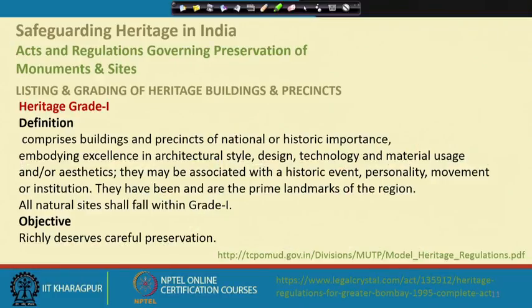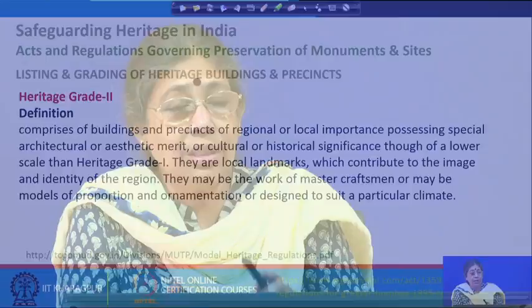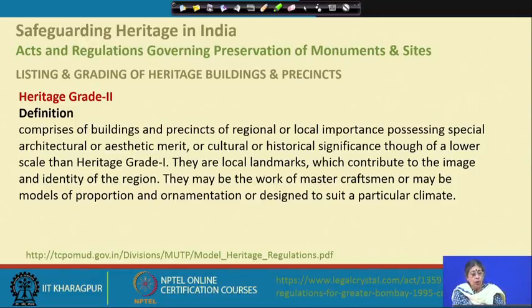Let us talk about grade 2. The definition: it comprises buildings and precincts of regional or local importance possessing special architectural or aesthetic merit, or cultural or historical significance, though of a lower scale than heritage grade 1. So, it is saying special; in the earlier case it was excellence. They are local landmarks.